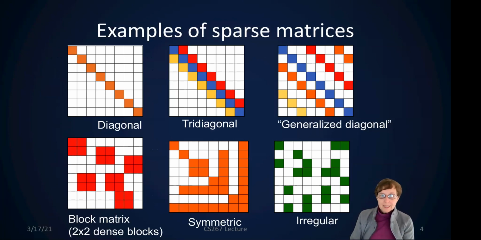So some examples of patterns that you see in sparse matrices would be, the simplest one would be a diagonal matrix. So here we just have non-zeros along the diagonal, and a tridiagonal matrix. And Jim talked about this when he talked about structured grid. So if you have a one-dimensional structured grid, you just have a neighbor to your left and a neighbor to your right.